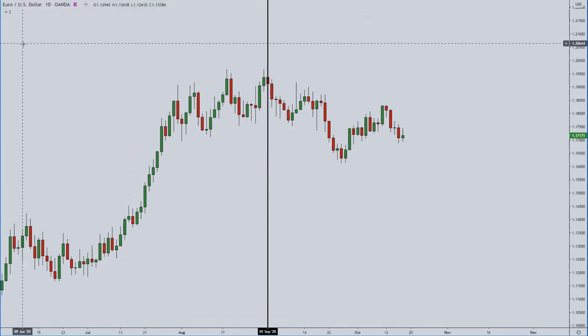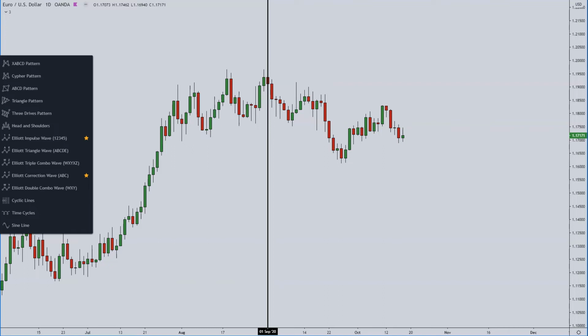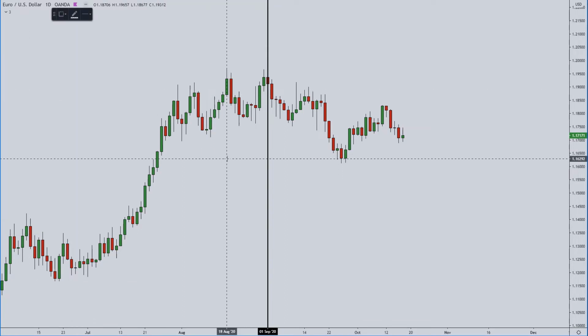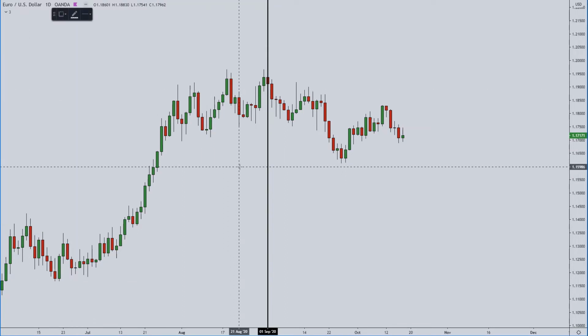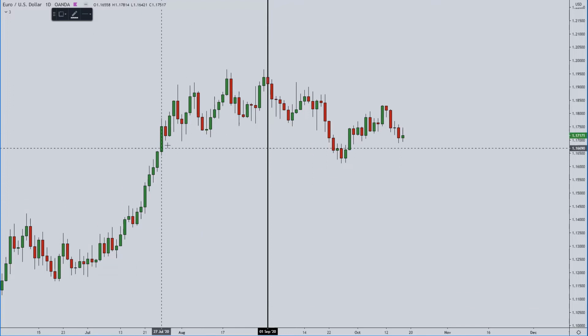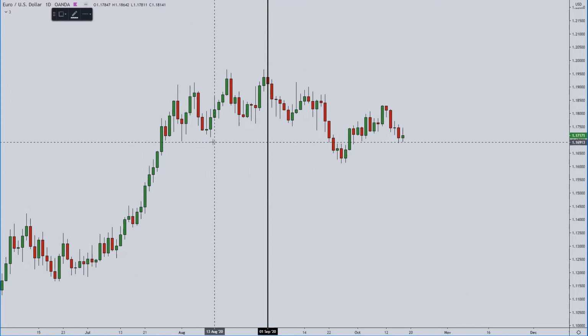Okay, so then what we do, we go to the 6th tool on your TradingView. You see I have a lot of different wave tools here. What we are going to use is one called ABCD pattern, this one, right? I'm not going to start from the very beginning, I'll start from the latest wave here.